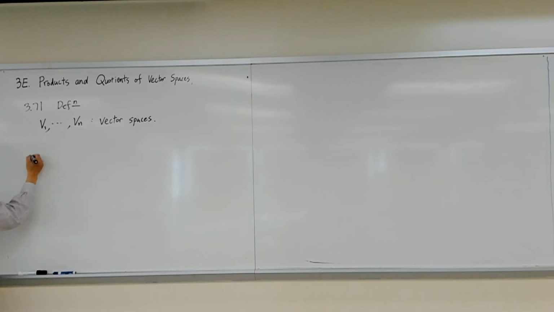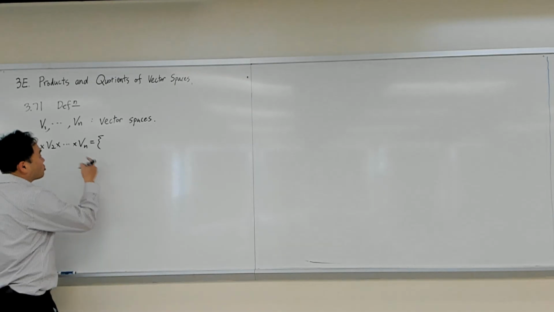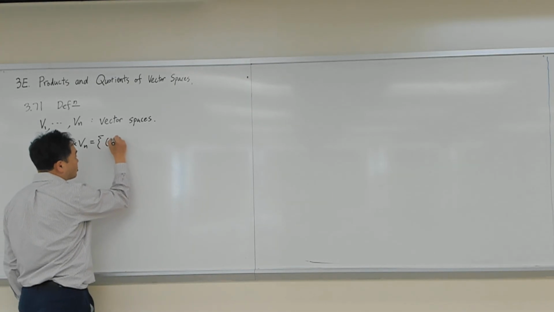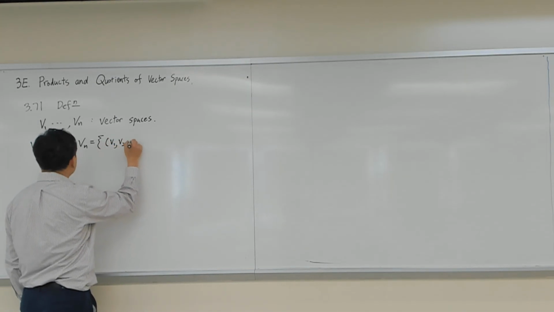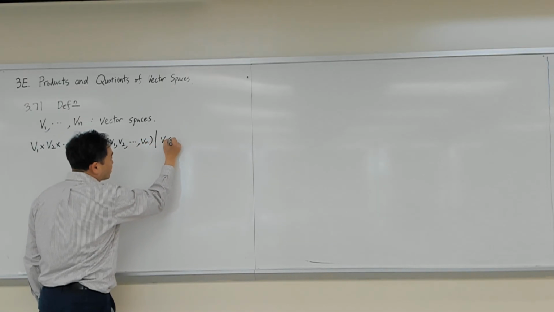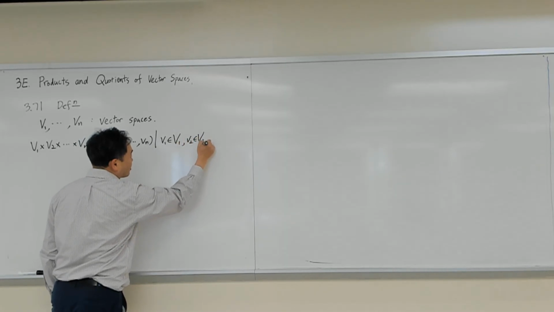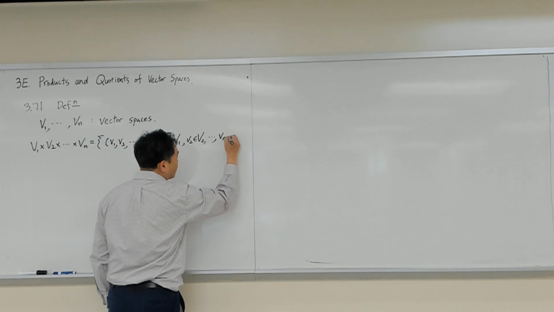We're going to define V1 times V2 times ... times Vn as lists of vectors from each one of these vector spaces. So (v1, v2, ..., vn), where v1 is from the first vector space, v2 is from the second vector space, and so on.